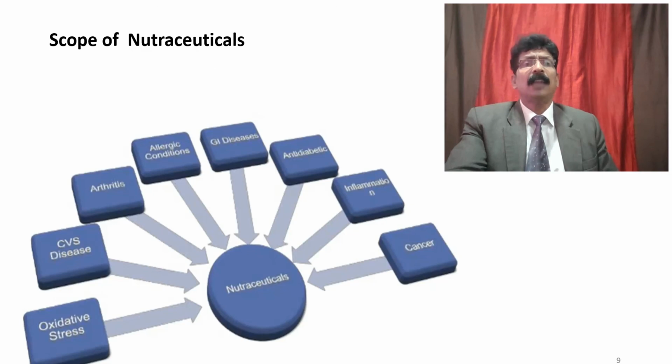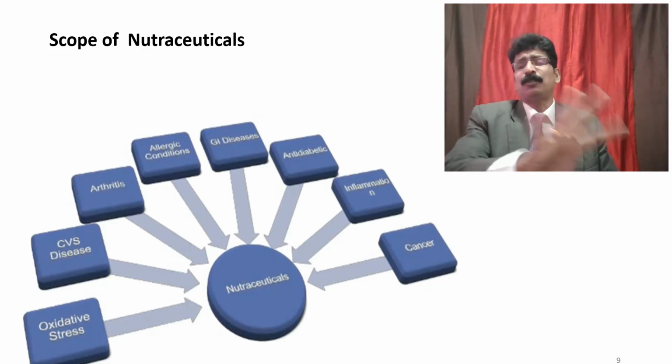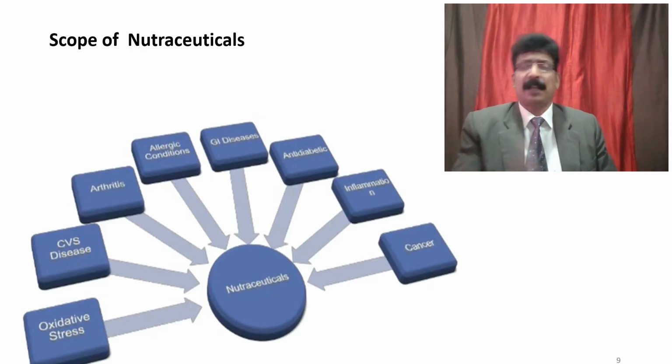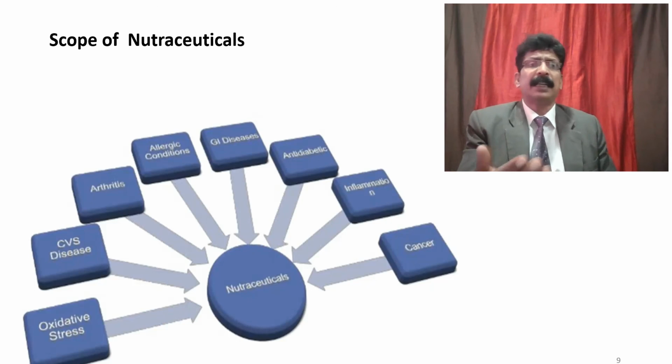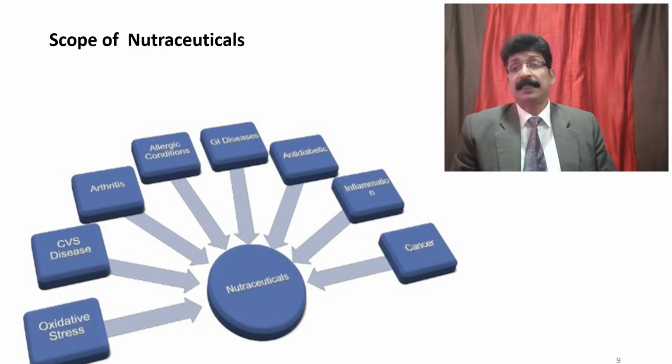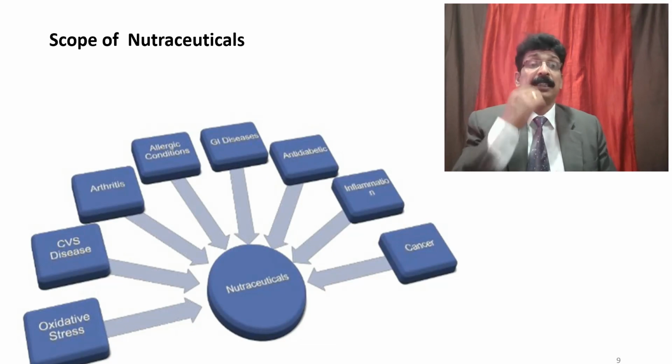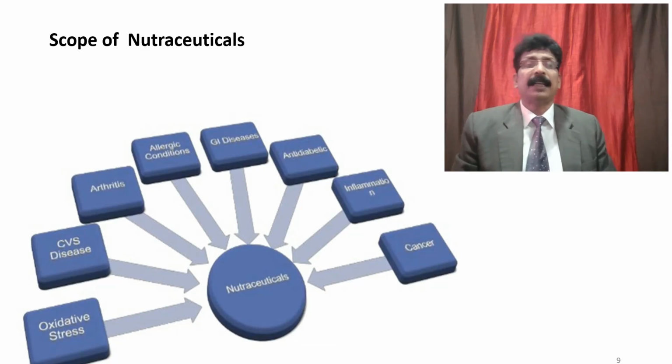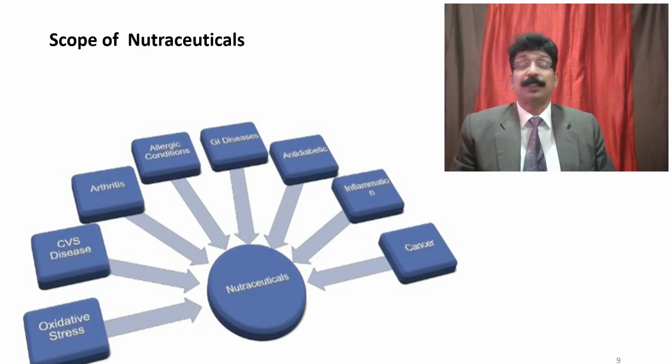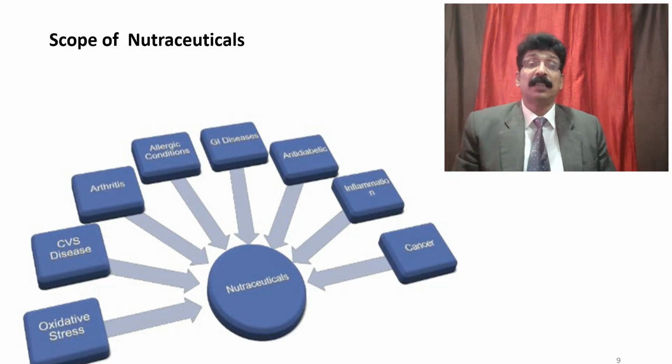And the scope of nutraceuticals, I made a picture to show you. Oxidative stress can be addressed by nutraceuticals. Cardiovascular diseases can be treated with nutraceuticals, and arthritis mainly. Allergic conditions, GIT disorders, anti-diabetic uses, inflammations and cancer can be treated by nutraceuticals taken continuously.